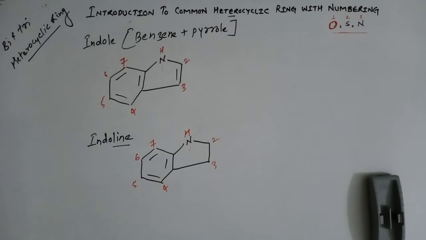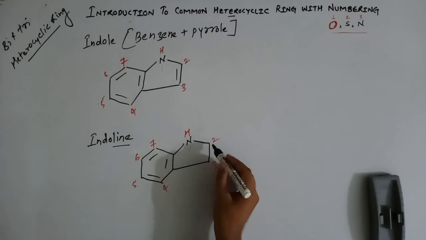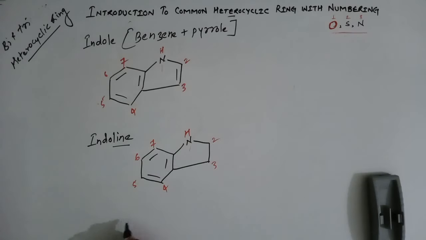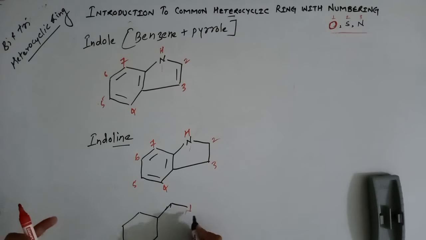Now similar to this, if we shift this nitrogen from first position to second position, then the structure so obtained is known by the name isoindole.